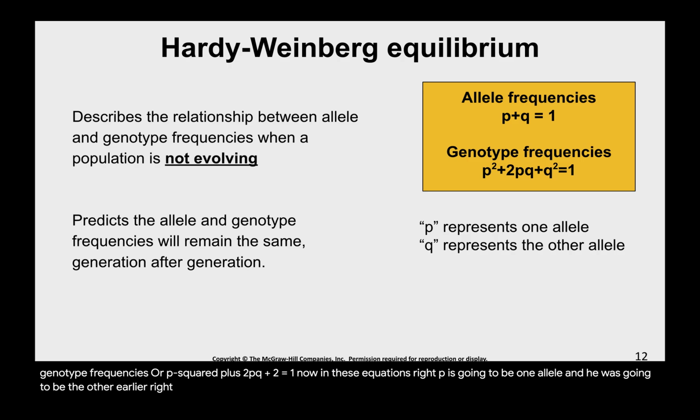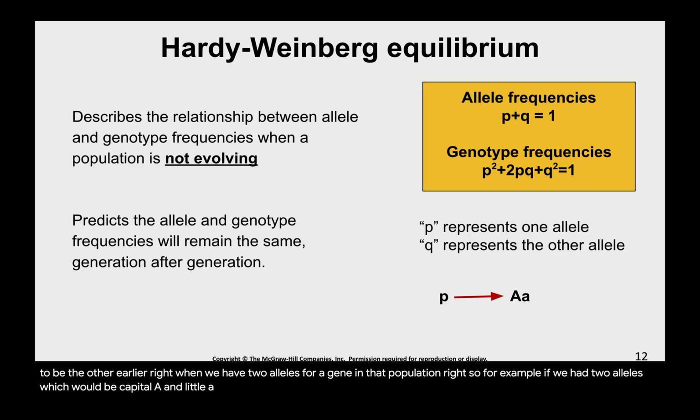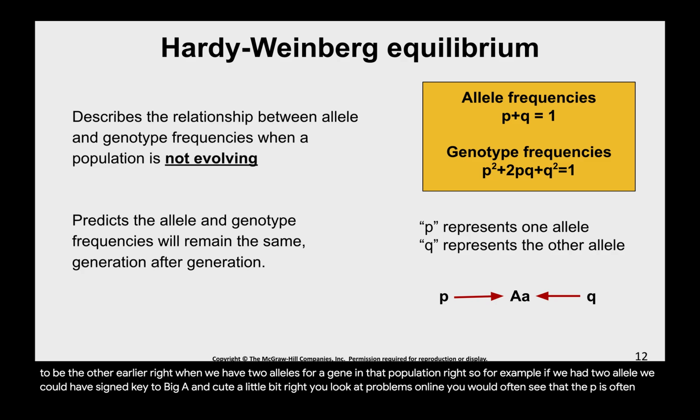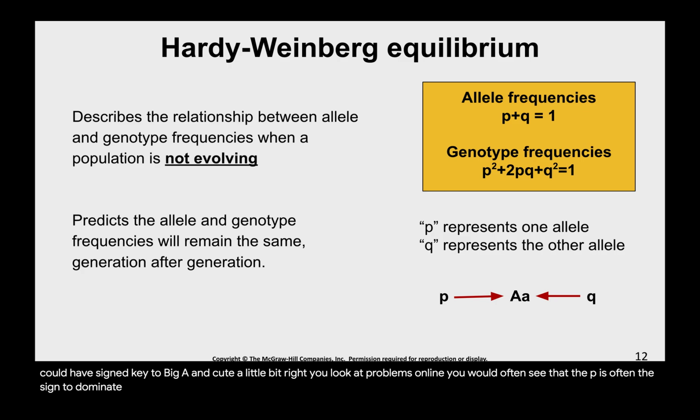This only works when we have two alleles for a gene in that population. For example, if we had two alleles, capital A and little a, we could assign p to big A and q to little a. If you look at problems online, you would often see that p is assigned to the dominant trait or the capital letter, and q to the little letter or the recessive trait, but it really doesn't matter how you assign them.